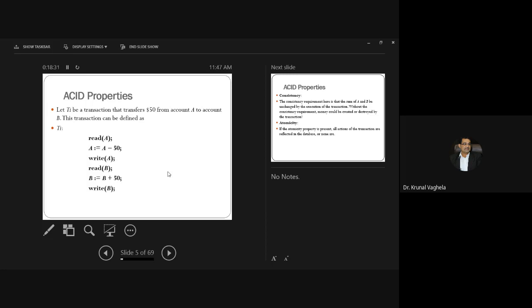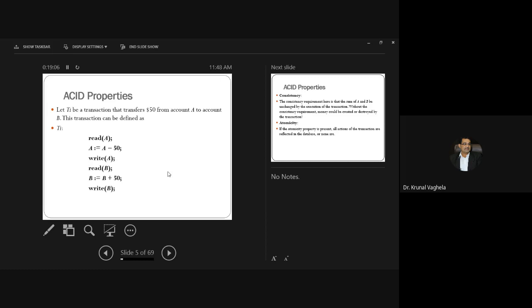Now we will see the ACID properties with the help of this example. First, atomicity. Can anyone explain what is atomicity with respect to this example? Okay. So consider you are executing this transaction, and the system fails over here.